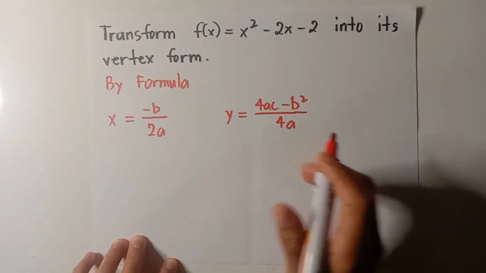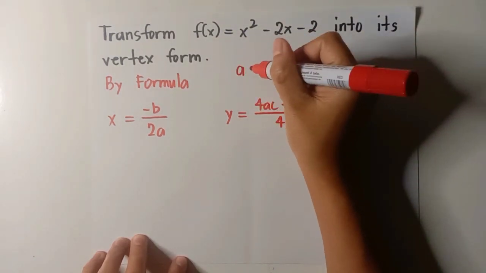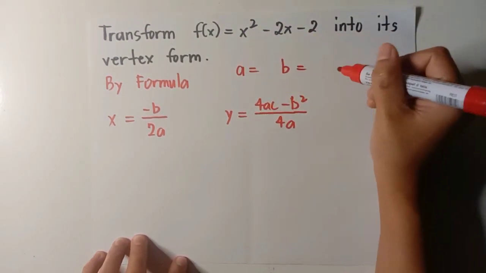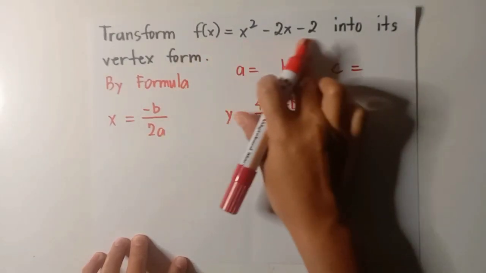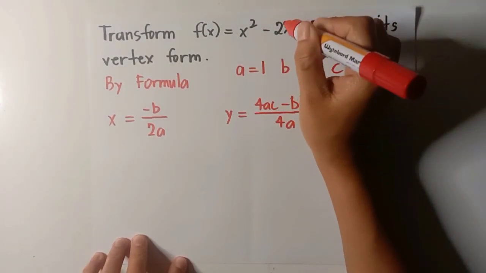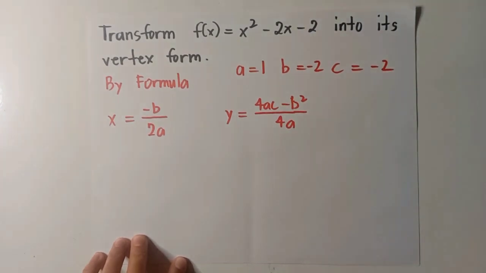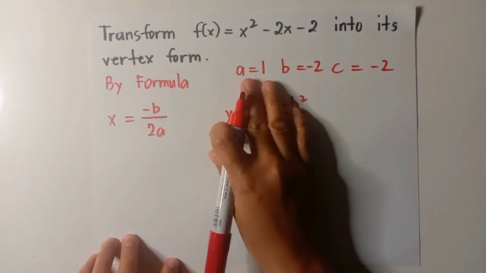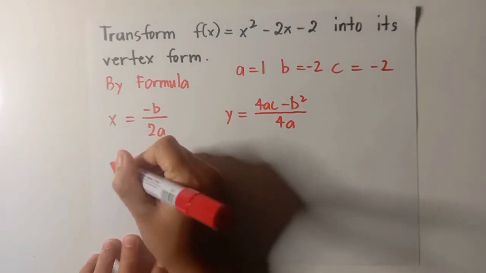The first thing that we will do is to identify the values of a, b, and c. Based on this function, the value of our a is 1, the value of our b is negative 2, and the value of our c is negative 2. And then, we will just substitute all of these values to our given formula.